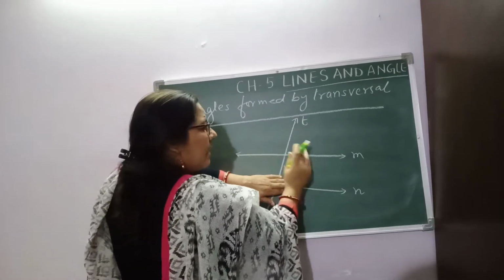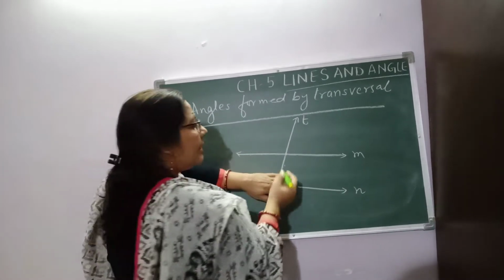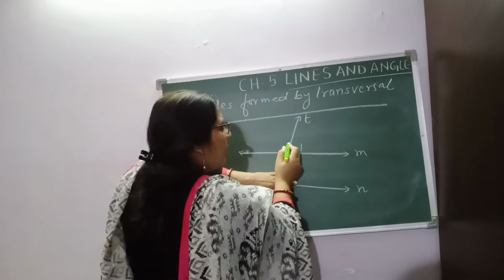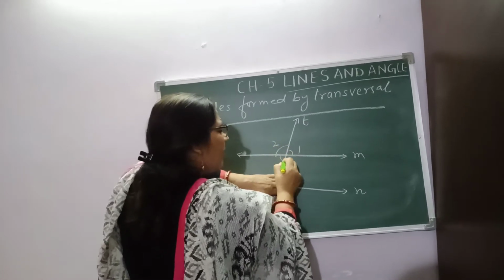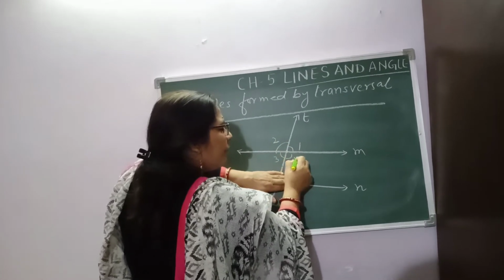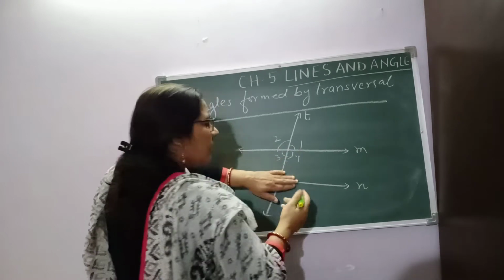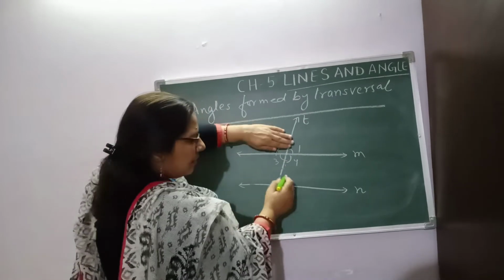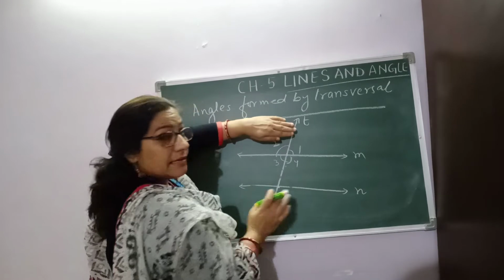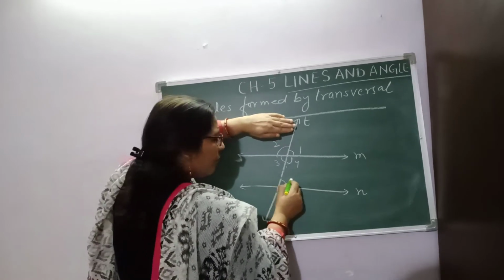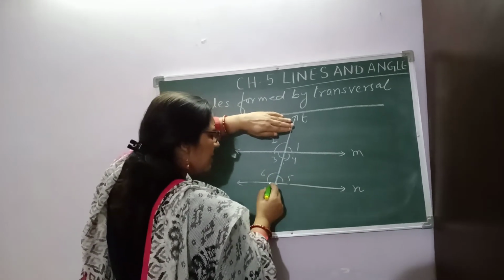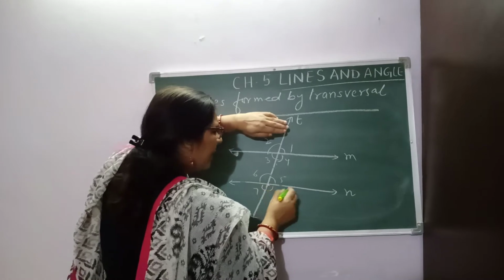These two lines are intersecting lines. Here it creates angle 1, angle 2, angle 3 and angle 4. On the other side also, again we have two intersecting lines, so 5, 6, 7 and 8.